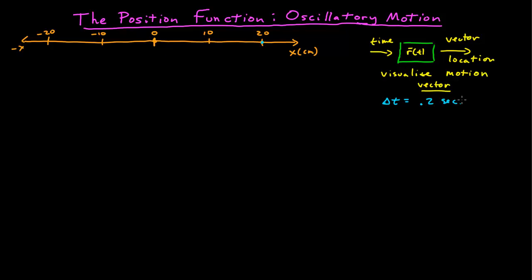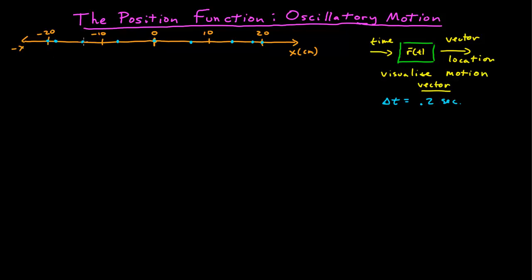At delta t equal to 0.2, it's moved just a little bit, about 18.5. Then at 0.4 seconds, it's moved to about 14. Then another 0.2, it's moved to about 7.5. Then it's at 0. Then it duplicates this on the negative axis: about negative 7.5, then about negative 14, about negative 18.5, and then negative 20.